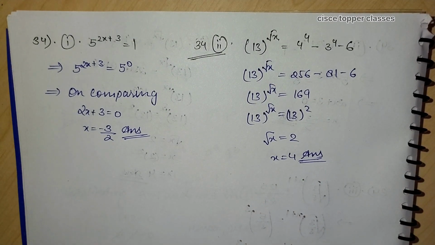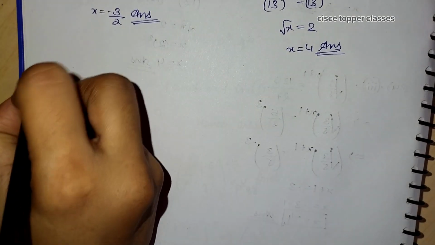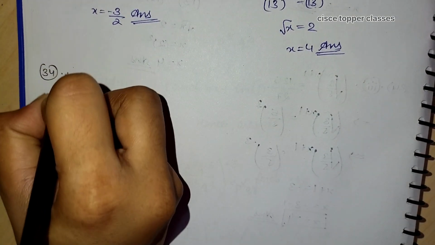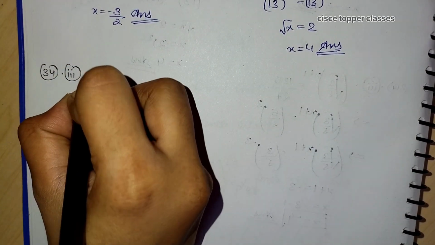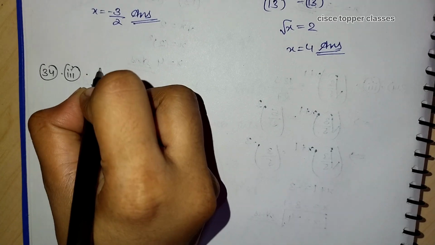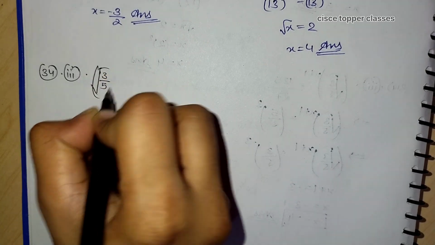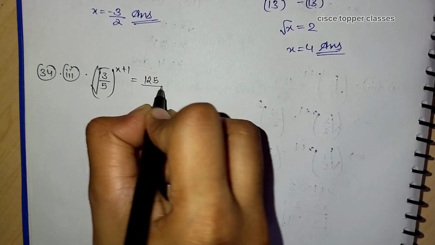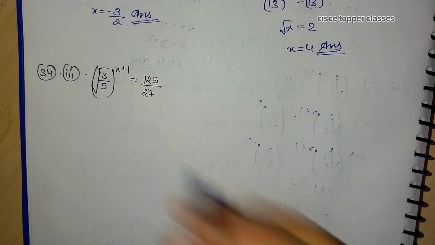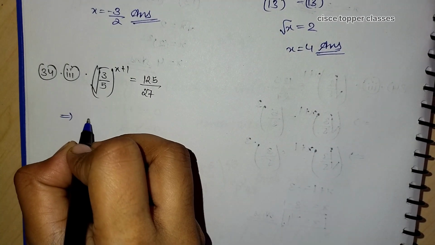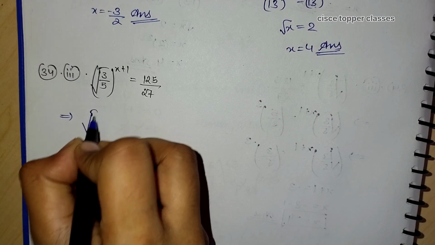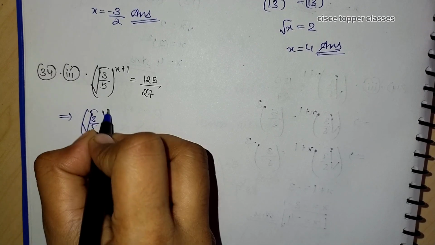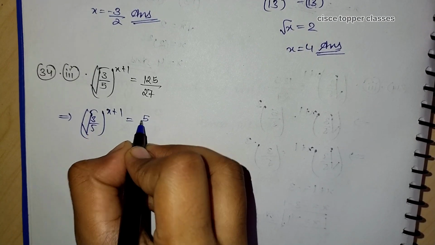Now we are going to solve the 34th question, third part. The third part here is (root 3 by 5)^(x+1) equal to 125 divided by 27. So here we can write root 3 by 5 to the power x plus 1 equal to 5 by 3.